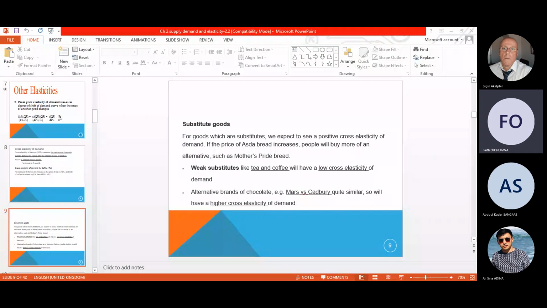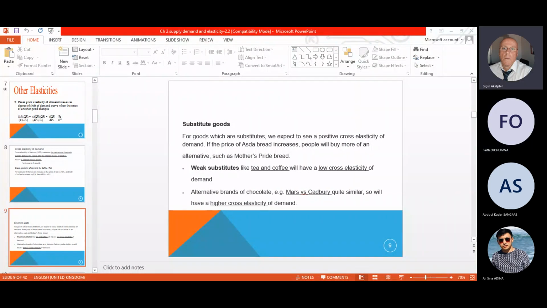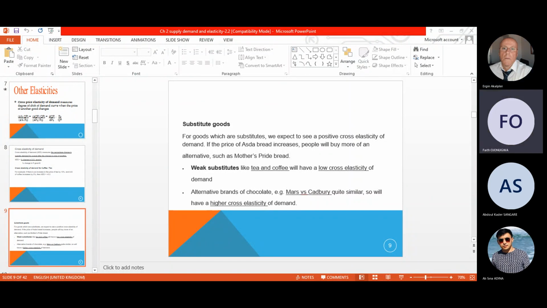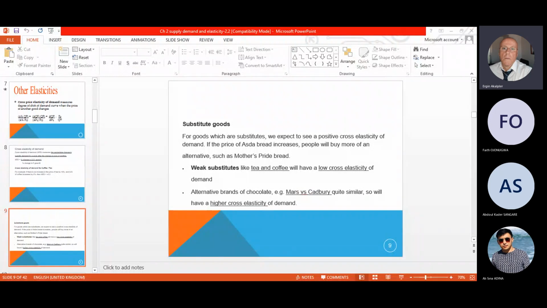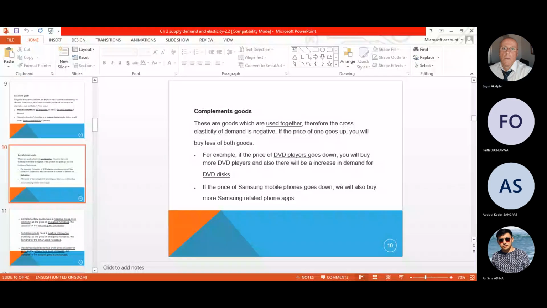I can't see the slide. Are you able to see the slides? Showing substitute goods and weak substitutes. It's complement goods now, isn't it? Is it changing slowly, or shall I go to the old version, the small one?